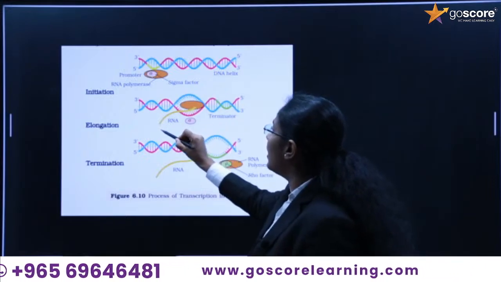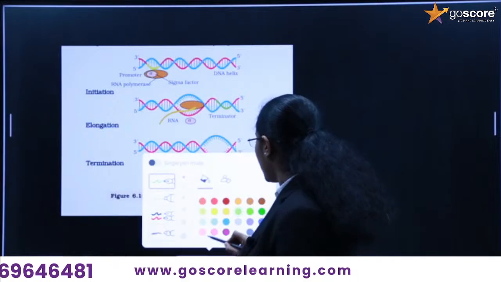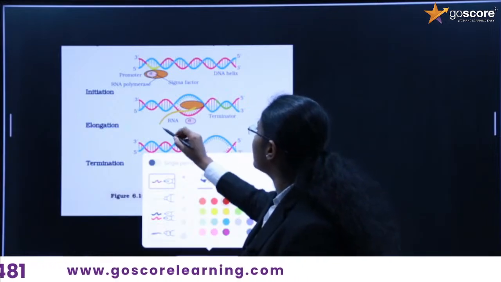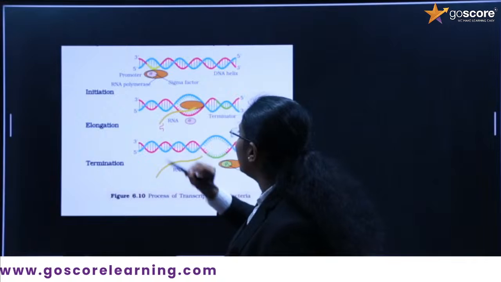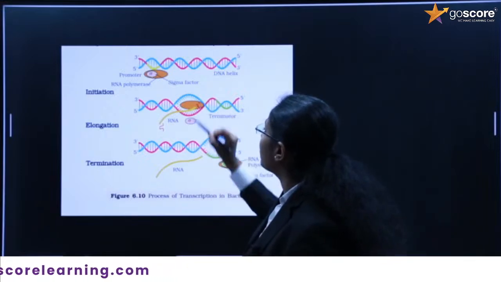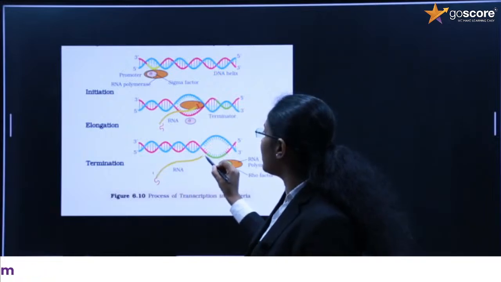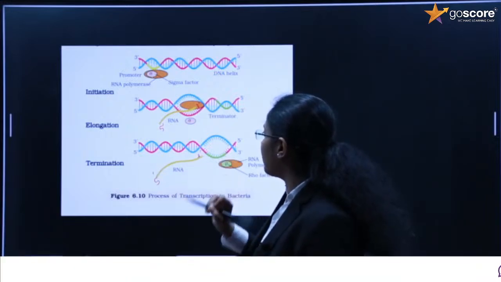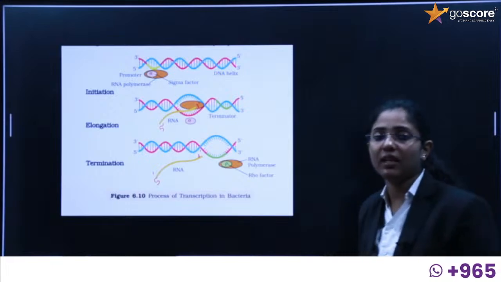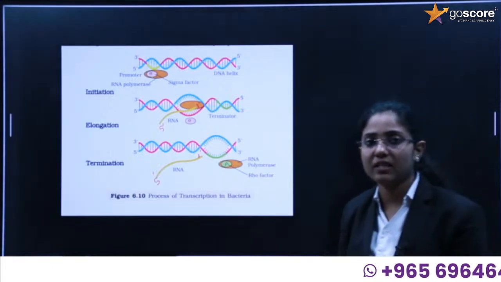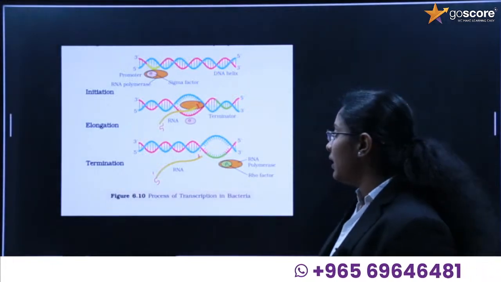Here the mRNA will be synthesized, and the newly synthesized mRNA is in which direction? 5 prime to 3 prime. This is the newly synthesized mRNA after termination. Always keep in mind the synthesis takes place in the 5 prime to 3 prime direction.